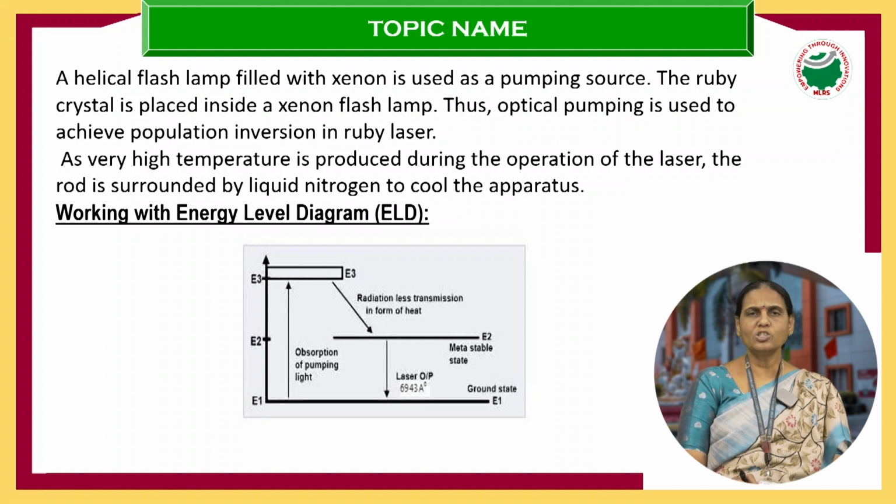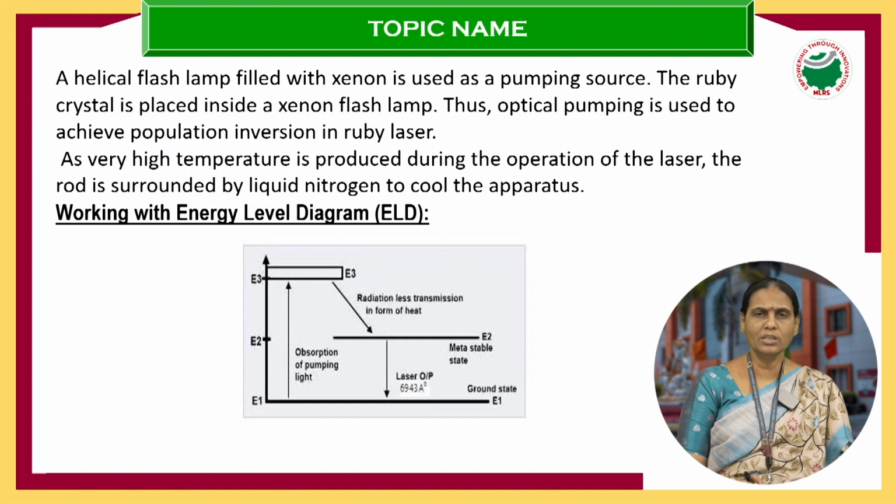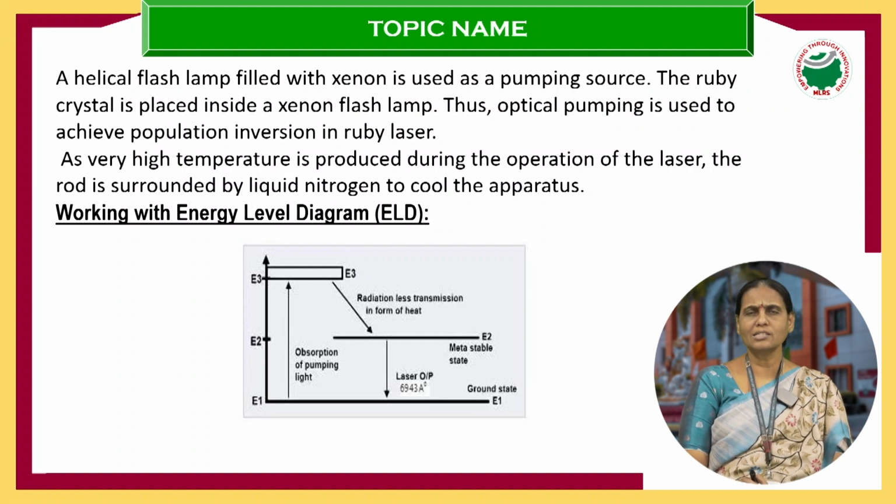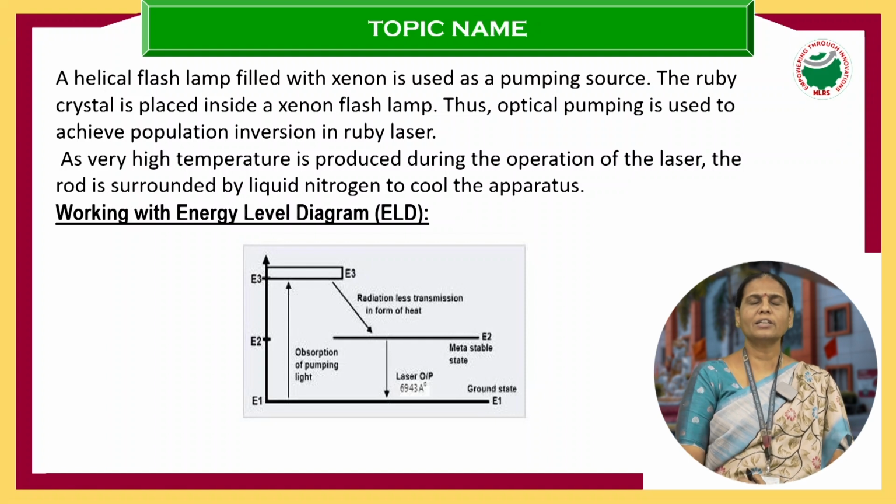Now, once energy is given, the lower energy state chromium atoms absorb the energy and get excited to the H state. In the H state, they stay for a mean lifetime of 10 power minus 8 seconds. Once that time is completed, they return to the metastable state, that is the middle state, where they stay for 10 power minus 6 seconds.